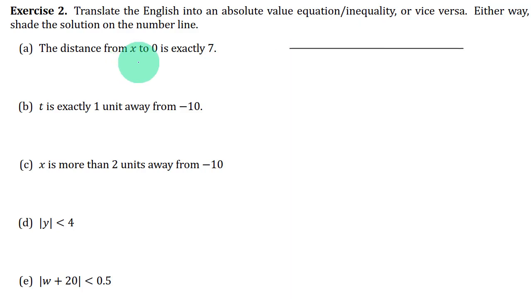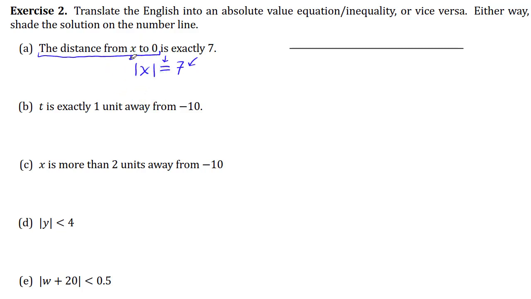So the distance from x to 0 is just the absolute value of x, is what I meant to say there. And we're saying that is exactly 7.